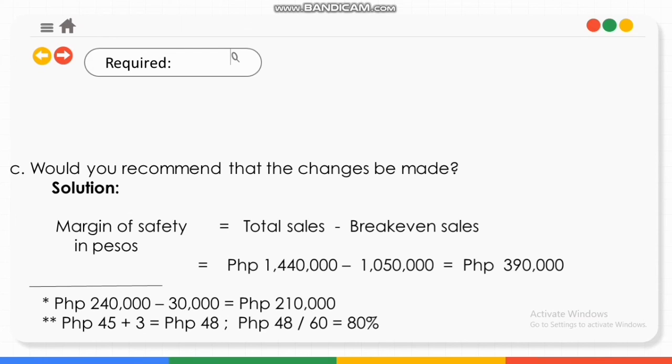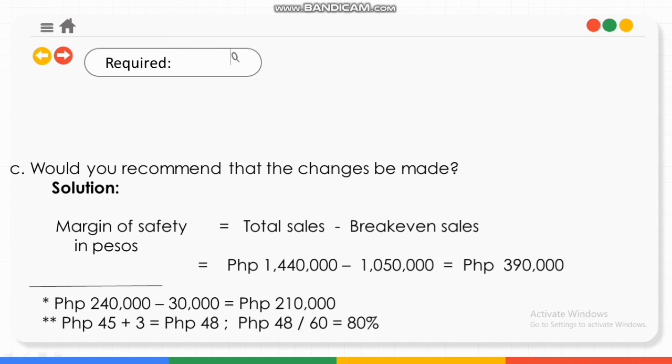Based on this data, the changes should be made. The changes increase the company's net operating income from the present 60,000 pesos to 78,000 pesos per year. Although the changes also result in a higher break-even point, 17,500 units as compared to the present 16,000 units, the company's margin of safety actually becomes greater than before.